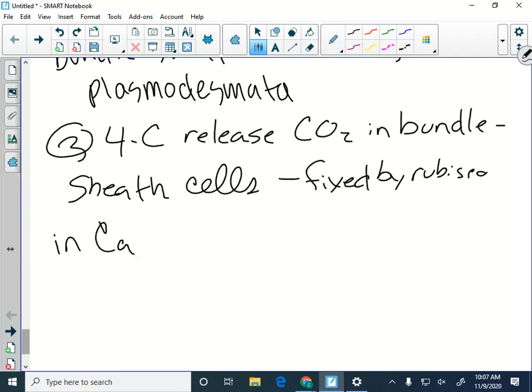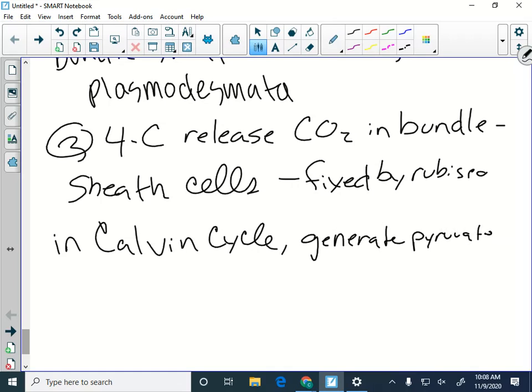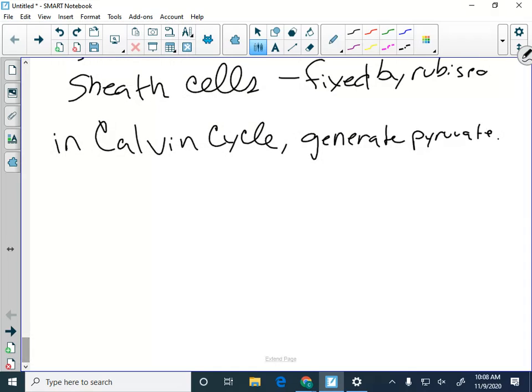And that happens, like we know, in the Calvin cycle. And that will generate pyruvate. And that will get sent back to the mesophyll cells.